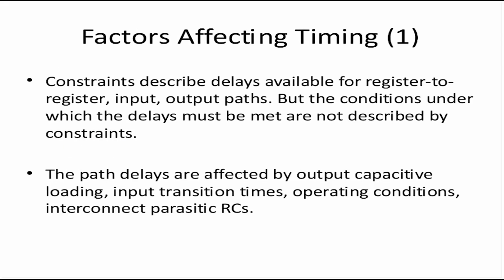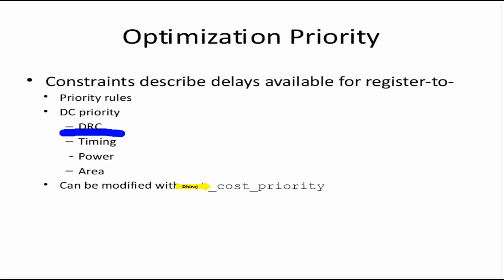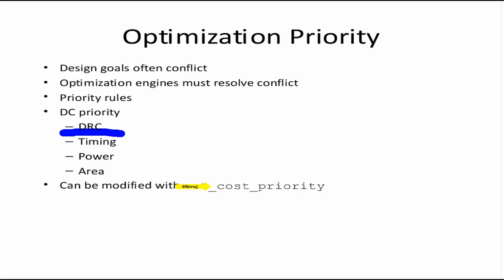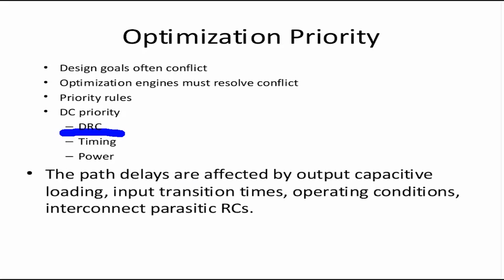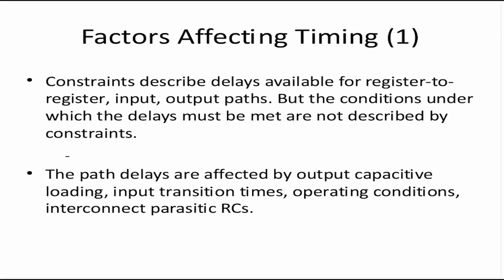Now, before talking about timing: on the previous slide we saw that Design Compiler will first fix DRCs and then go on to fix timing. So, what are the factors that affect timing? Constraints that we describe as delays available from register to register, input to register, register to output, and so on. We'll see a lot more of this in the next lecture.